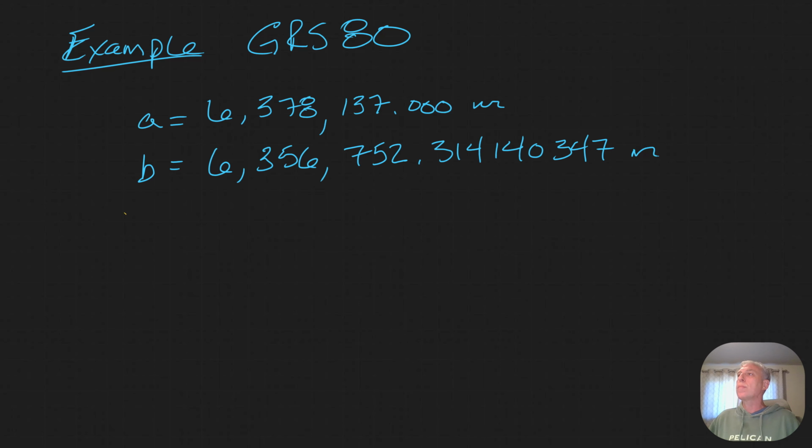If we consider how similar A and B are in magnitude, and divide B by A, we get 0.996647189, and it goes on and on.